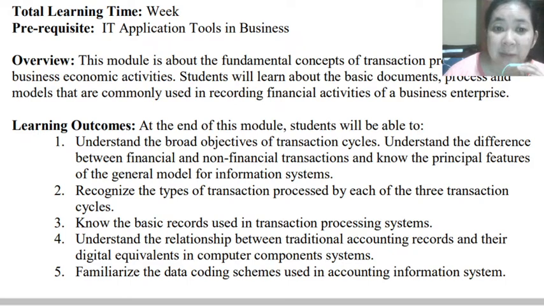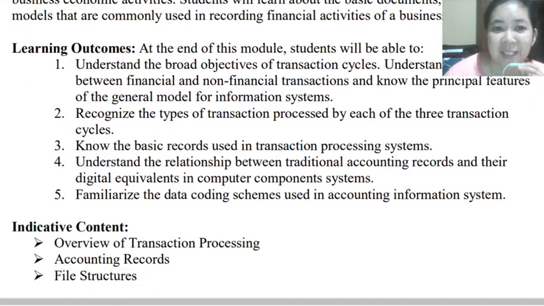Know the basic records that are used in the transaction processing system. Also, to understand the relationship between traditional accounting records and their digital equivalents in the computer component systems. And also, to be familiarized with the data coding schemes used in accounting information system.